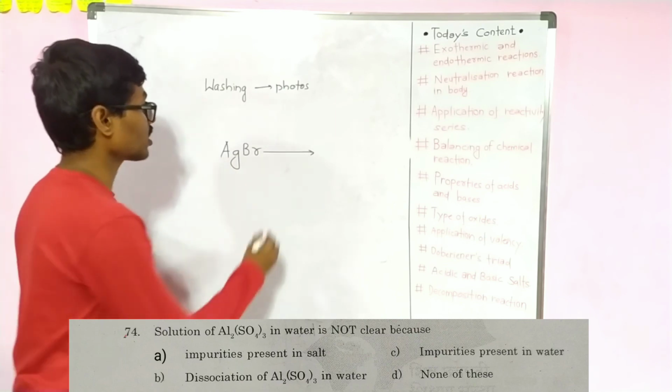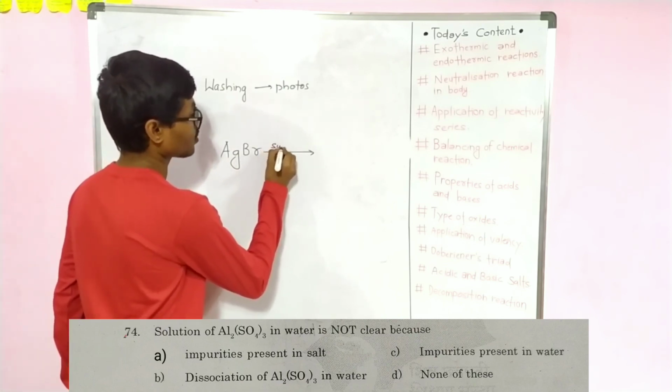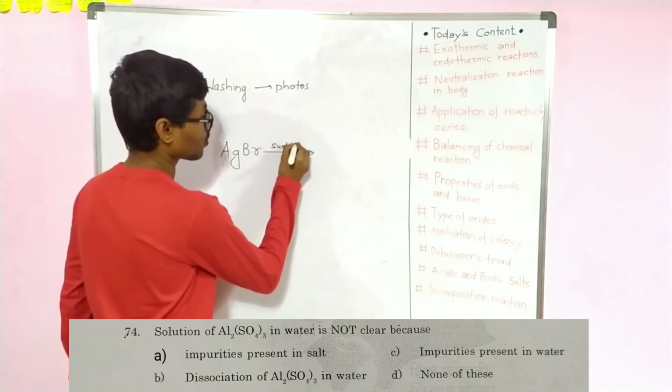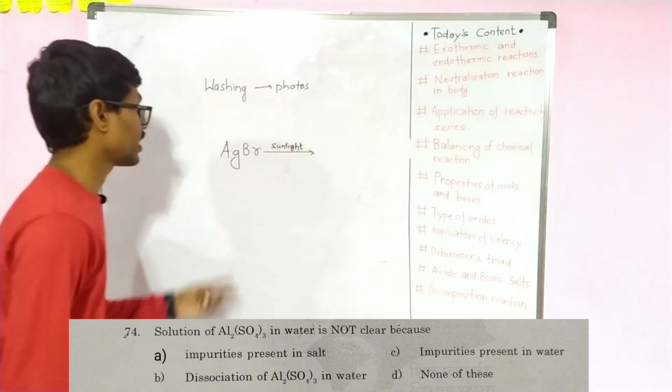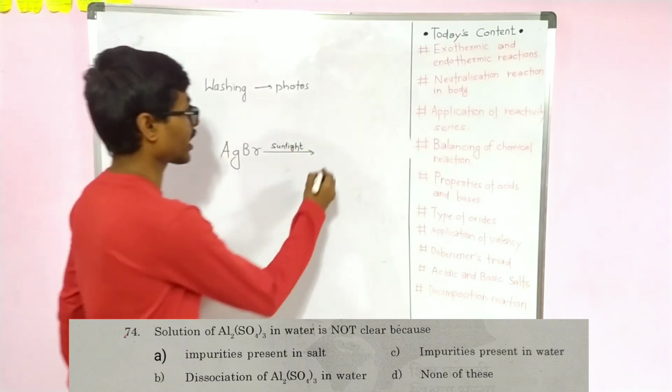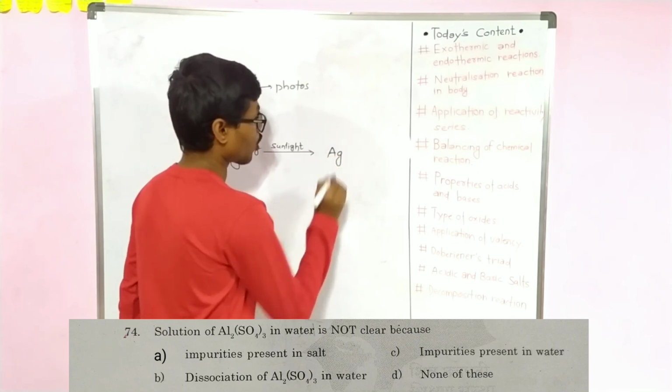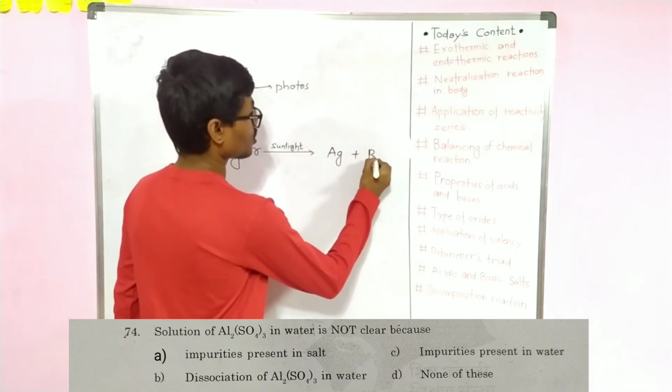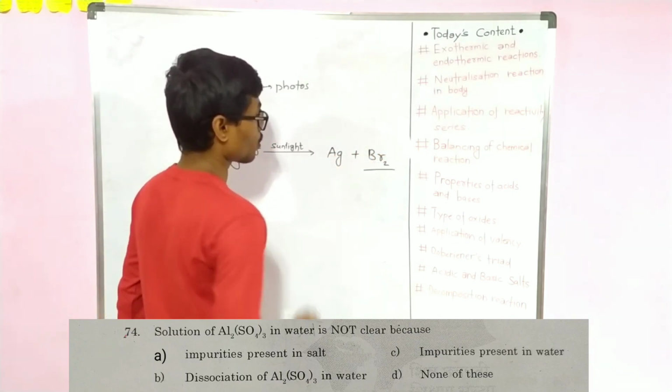So when AgBr is exposed to sunlight, silver will form along with the release of bromine gas.